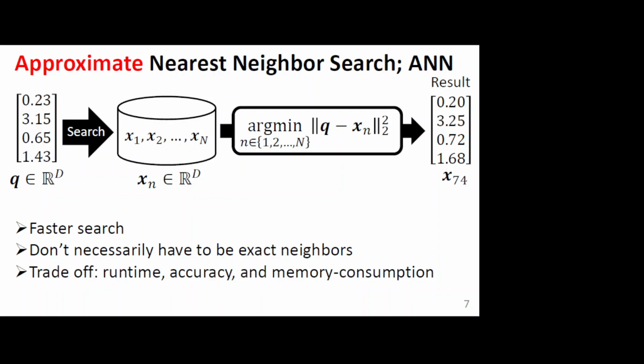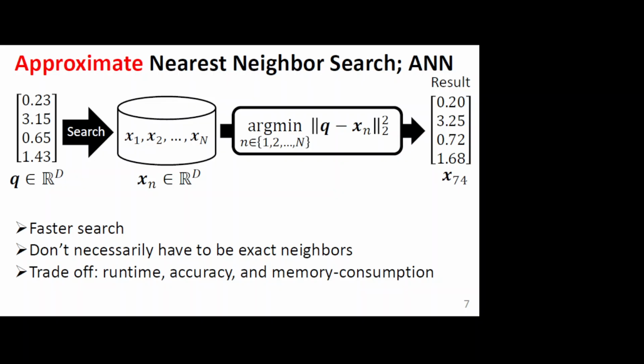With the index structure, we can have a faster search. But the faster search has a price: the accuracy will be decreased. Maybe you just sacrifice a little bit of accuracy, but you can accelerate your speed a lot.